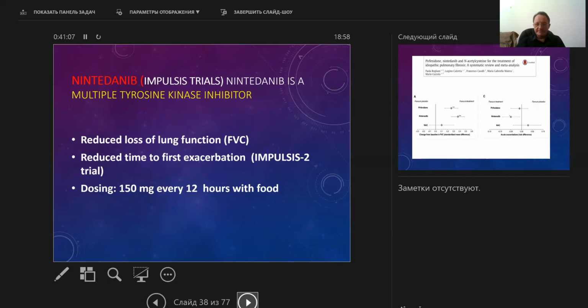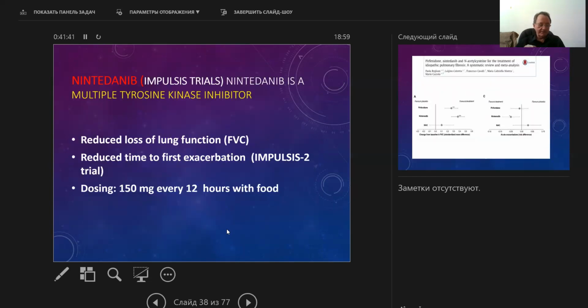A very important thing, which makes it choice number 1 for treatment of patients with progressive fibrosis or IPF, is that it reduces time to first exacerbation. The dosing is 150 milligrams BID, every 12 hours with food.